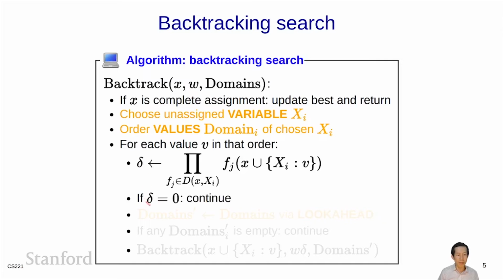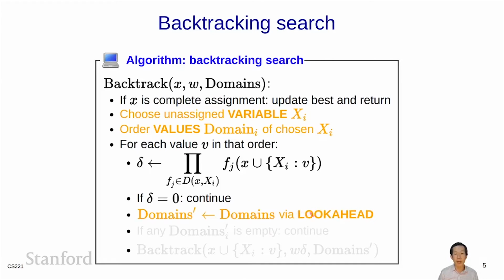Okay. So if delta equals 0, then we stop there and don't recurse farther, because remember, any 0 by a factor is enough to zero out the weight of the given assignment. So if not, then we continue.